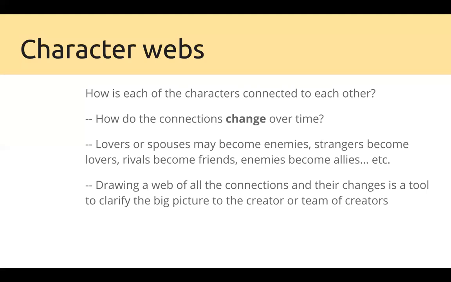So how do lovers become enemies to each other, or how do strangers become lovers, and so on. So usually if you draw a web of all the characters and the connections and the changes, then that's helpful.